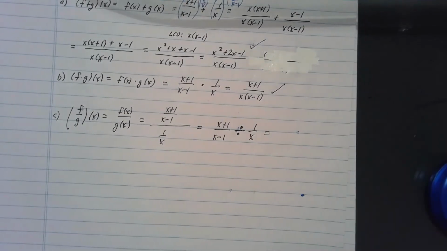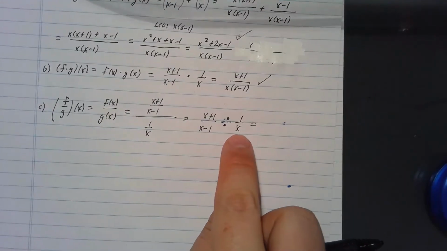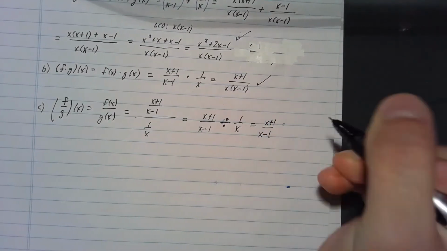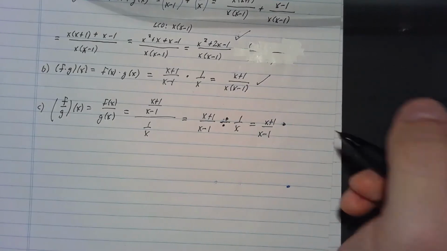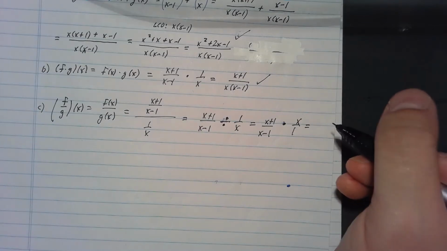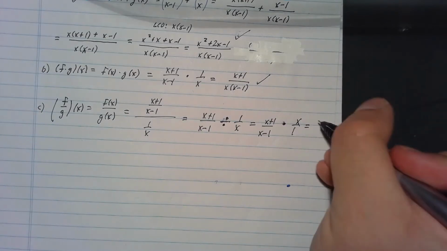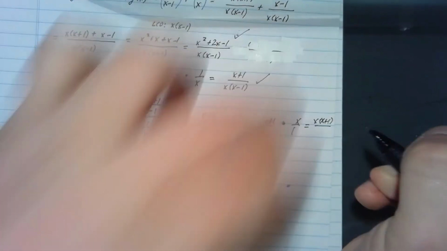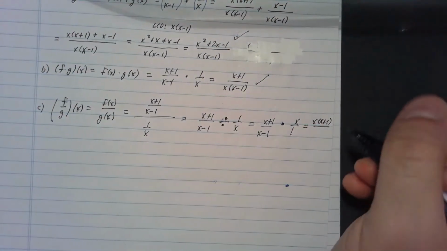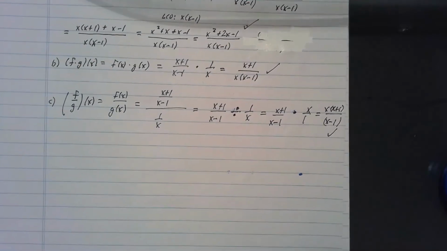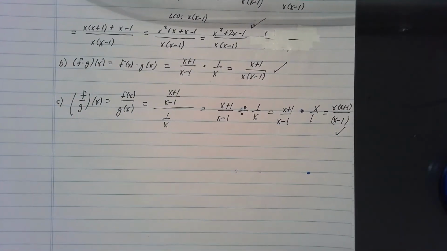To divide fractions, you just change it to multiplication and take the reciprocal of the second one. So that's going to be x plus 1 over x minus 1, division becomes multiplication, 1 over x becomes x over 1. So now when you multiply this, you're going to have x times x plus 1 in the numerator, all over x minus 1 times 1, which is x minus 1 in the denominator. That's factored, so that's it.